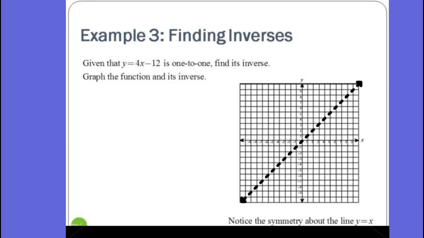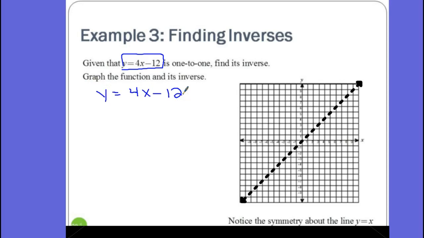So, given that y equals 4x minus 12 is 1-to-1, which we know it is, it's linear, let's find its inverse and graph them. So, I'll graph 4x minus 12 in blue.